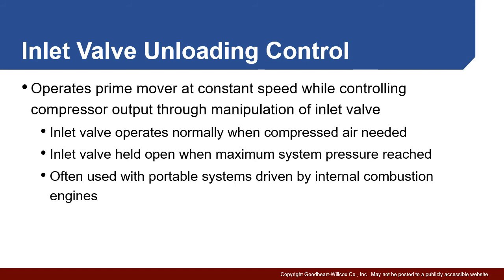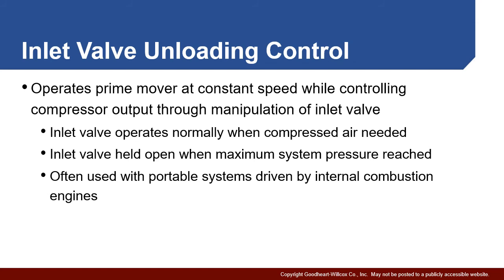With inlet valve unloading, once the system hits that maximum pressure, the inlet valve stays open. As a result, the piston cylinder range goes up and down, but no air is moved. And the key thing about it is it reduces the load on the prime mover, because no back pressure gets built up.